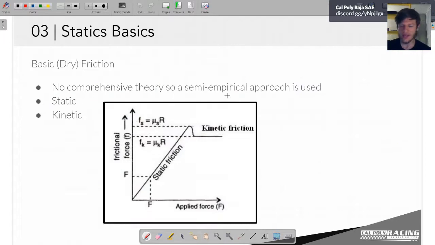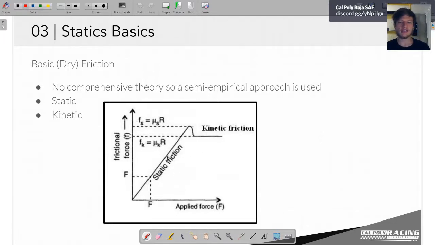All right, now we'll do the last thing. Hopefully, we've run kind of long, but this should be quick because hopefully everyone knows about friction from high school. The way that we use friction in Baja and for most of engineering is based on the Coulomb-Moore friction definition.